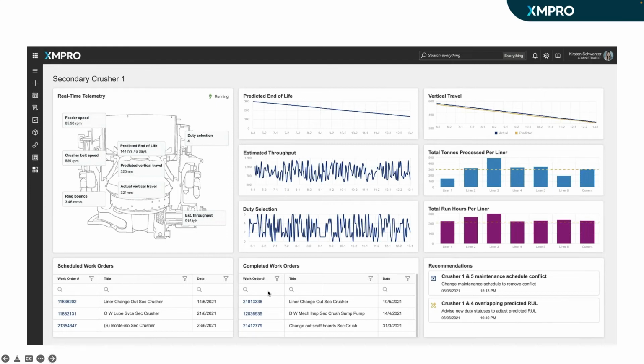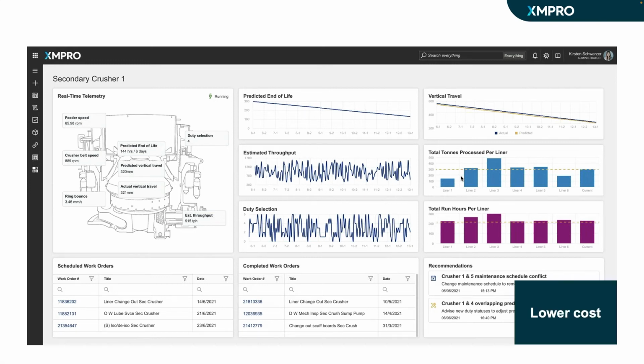This is what I need from a planning perspective, so that I can do a next level, tell the operations how to operate this. So the interesting thing is I can also see how this compares to the previous liners that we've had in this same crusher. So that's all important information from a decision support perspective. And again, this is all driving towards lowering the cost.